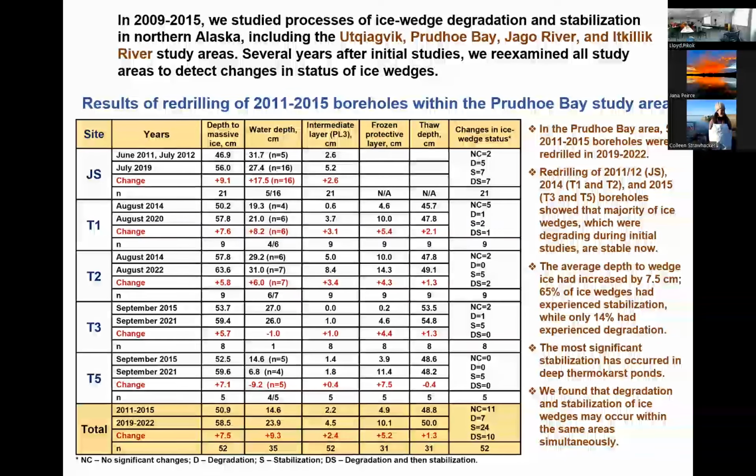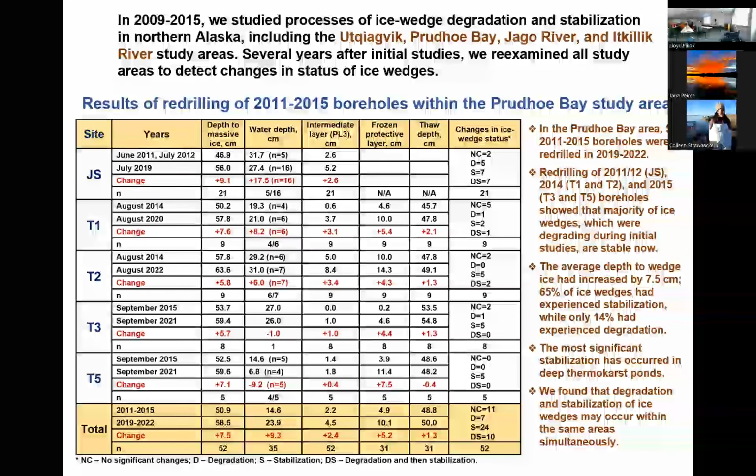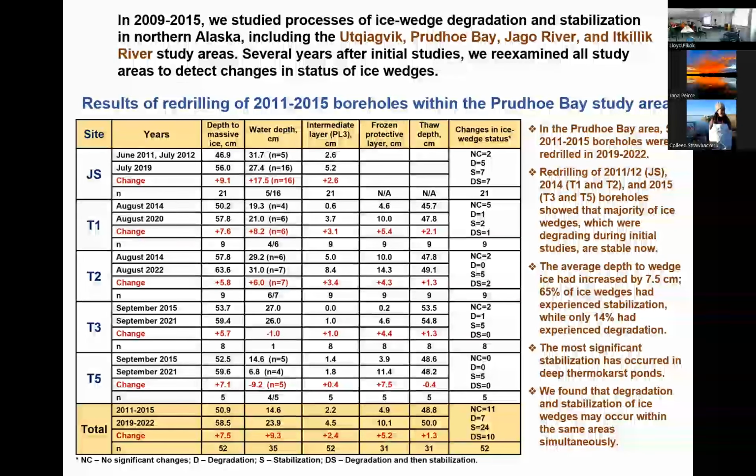Totally, we drilled hundreds and hundreds of boreholes in various study areas. Our main study area is Prudhoe Bay, but we also have transects in Utqiagvik, Jago River, Itkillik River, and the Anaktuvuk River fire area. And after our initial studies, several years after that, we decided to re-drill some of these locations.